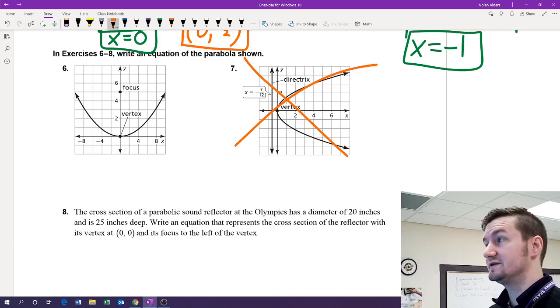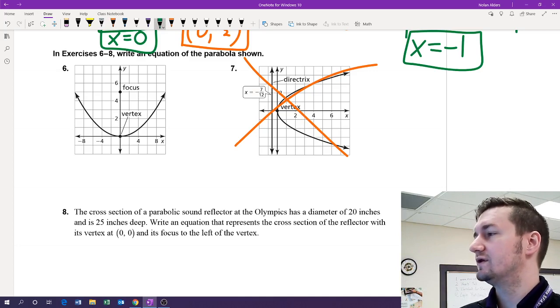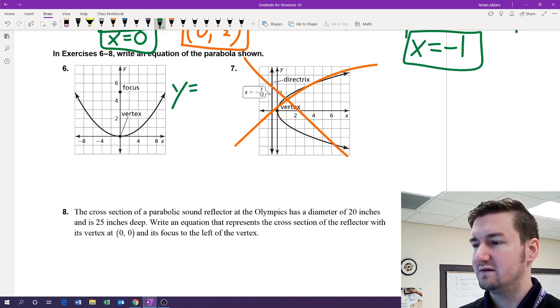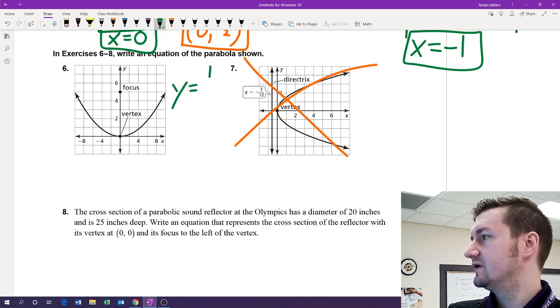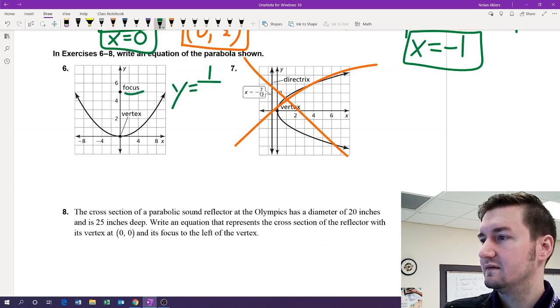We're going to write an equation for this parabola. So this is kind of what we did before. We're going to do y equals, the origin is the vertex here, so we don't have to worry about that. And then remember that it's going to be 1/4p. Our p in this case is going to be, looks like 5, right?